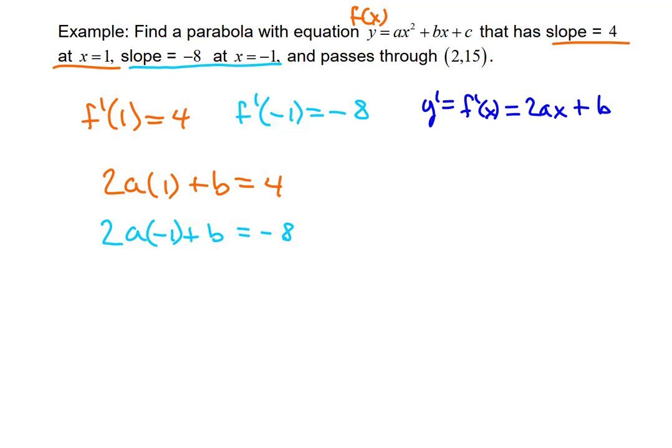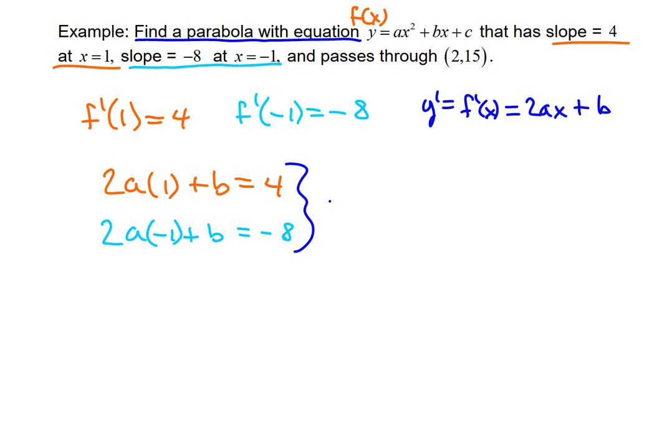Now let's recall the whole point of this problem, which was to find a parabola with this equation. In other words, we need to understand what a, b, and c are, and if we do, we just plug them in and we have our answer. What we're getting to here is a system of equations for a and b.